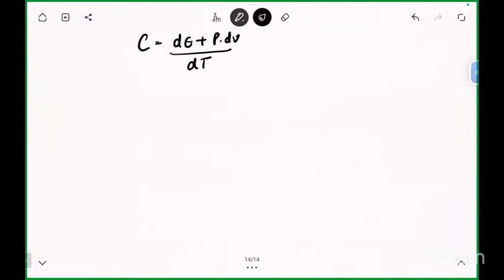So it will be C equals (dE plus P dV) divided by dT. Okay, so if we are calculating the heat capacity at constant volume, dV will be equal to 0.